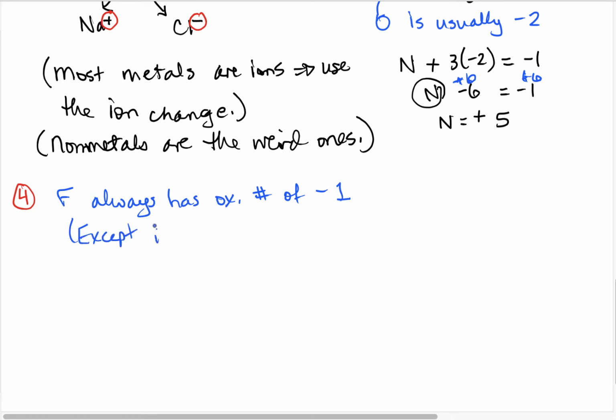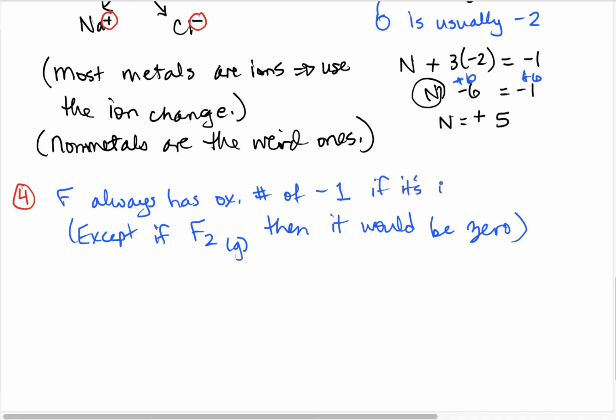If it's in its pure elemental form, which would be F2 as a gas, then it would be 0 because it's a pure element. But anytime it's in a compound with something, so I'll put that here, if it's in a compound, doesn't matter which element it's in a compound with, it's always going to be -1. No exceptions on that one.